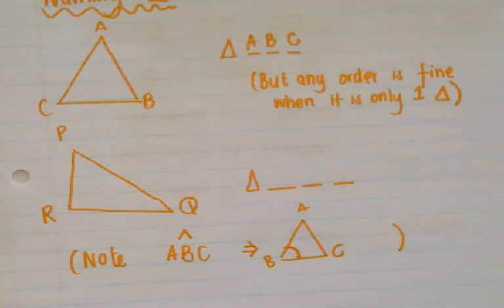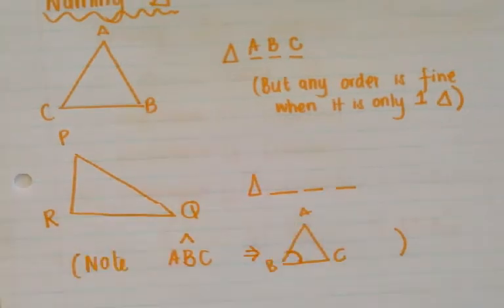So then what do I call my second triangle? This one here. Literally anything, because I'm dealing with that one triangle. Any combination of those three letters would be an acceptable name because I'm dealing with it in isolation.